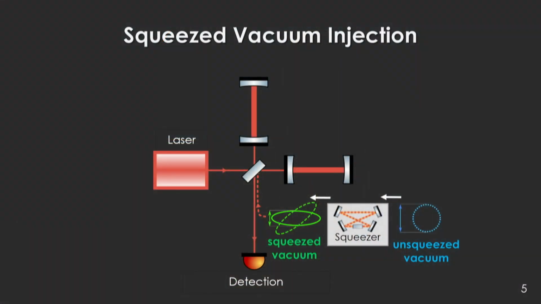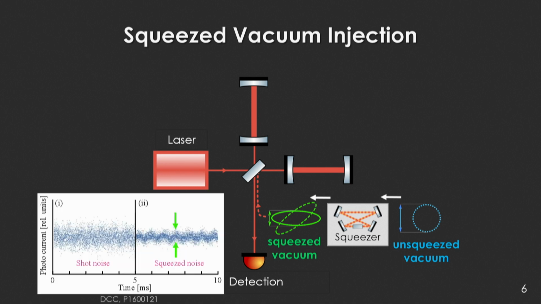What we do is use a squeezer, which is an optical parametric oscillator that I won't go into the technical details of. But what it does is squeeze the vacuum so that we can dump some of the noise that we carry in the phase quadrature. At the same time, we have to pay some expense: in the amplitude quadrature, we have a little bit more noise there.